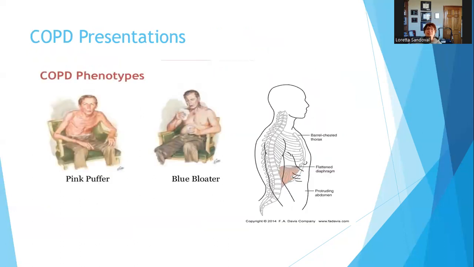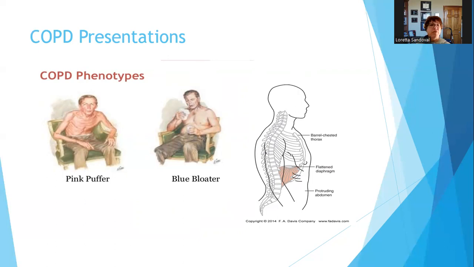So I've got to say, I'm not crazy about this slide because I feel like it's labeling, and I don't like to label people with things like this, but it's a way of remembering what you're going to see with COPD presentations. So either a reddish tinge to the skin, and that's the CO2. They're holding more CO2.